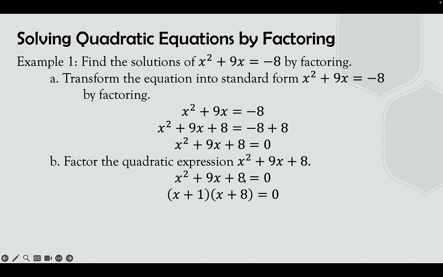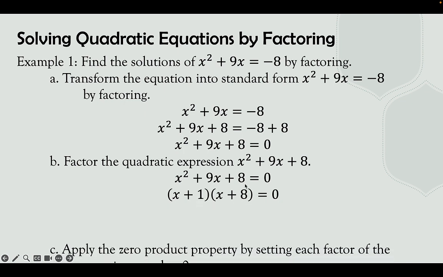You think of two numbers that when you add them, the result is positive 9, and when you multiply them, the result is positive 8. So we have x plus 1 and x plus 8, since 1 plus 8 is positive 9, and 1 times positive 8 is positive 8.